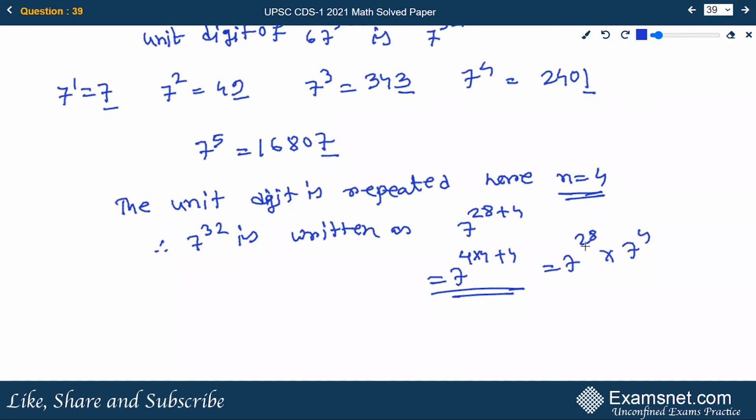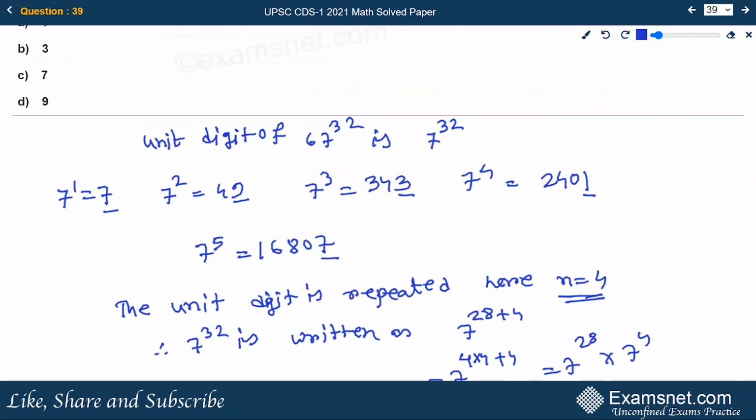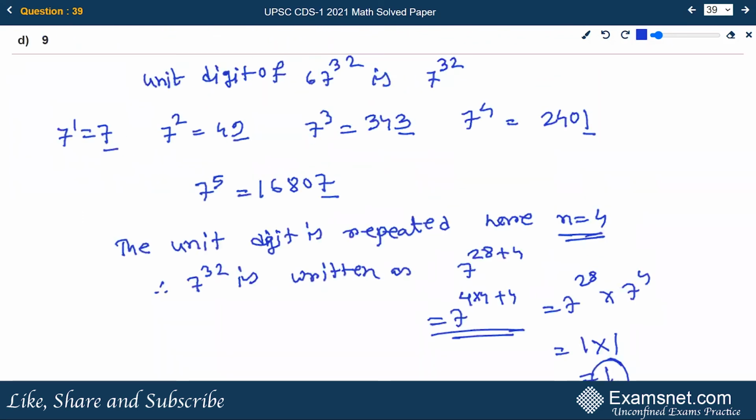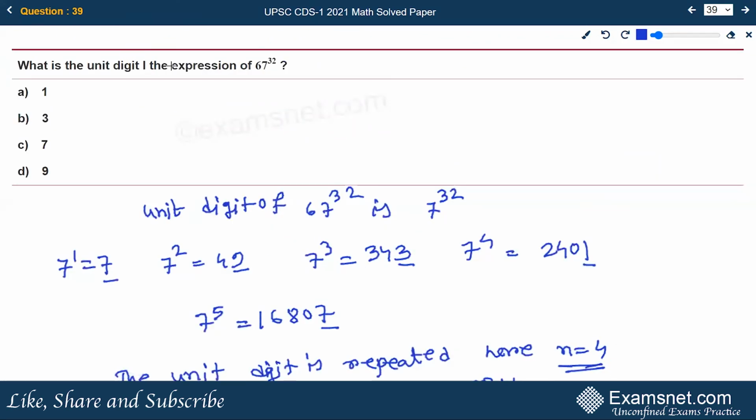Since 28 is divisible by 4, and the cycle of 7 is 4, we will get the unit digit 1 for this number, and 7 to the power 4 will give the unit digit 1, as you can see. So that means the value is 1. Here the unit digit in the expression 67 to the power 32 is 1. Option A is the correct answer.